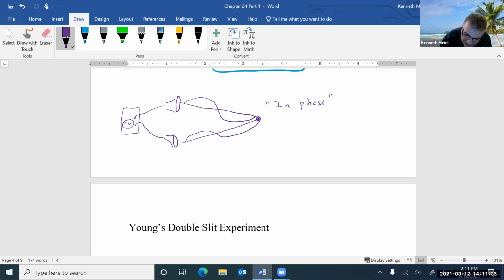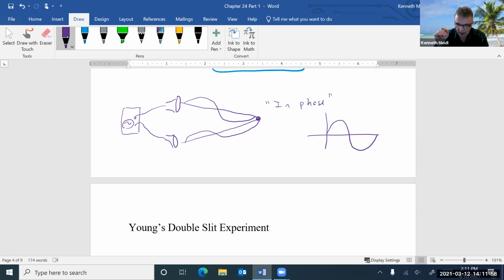And what that means is that the waves are exactly in the same part of their cycle, right? So the cycle of the wave, right there, that's one wave. It's got to go up, it's got to get back to where it started, then it's got to go down and get back to where it started. So this is one wavelength.